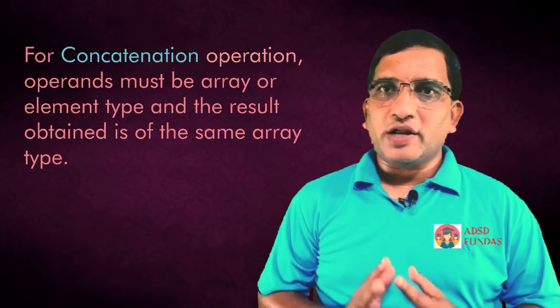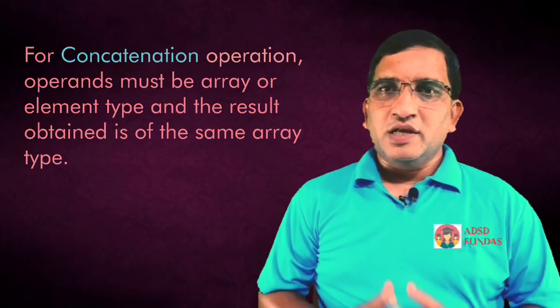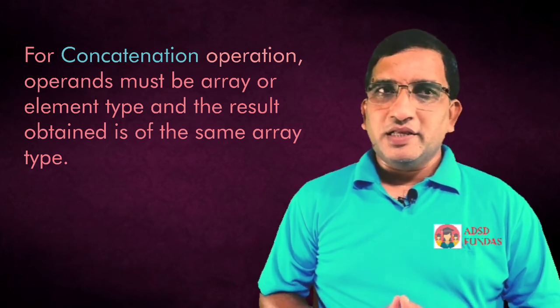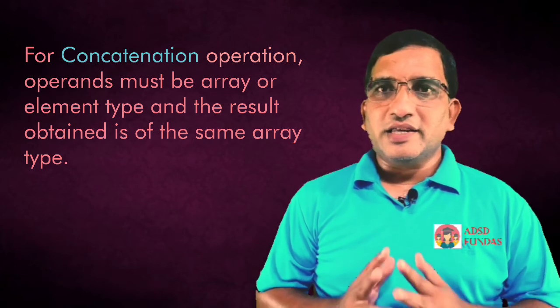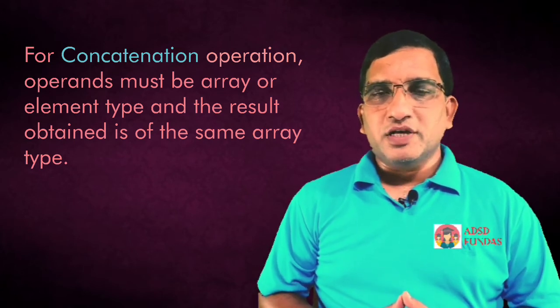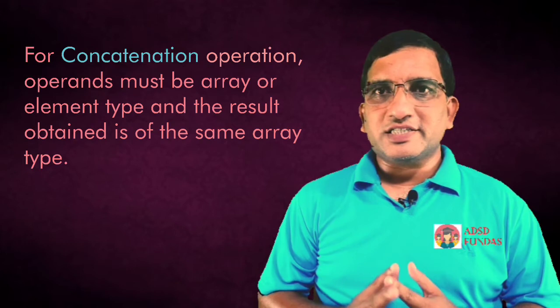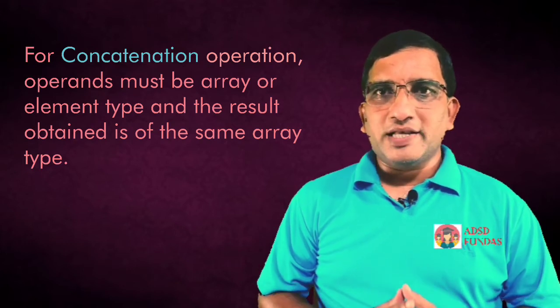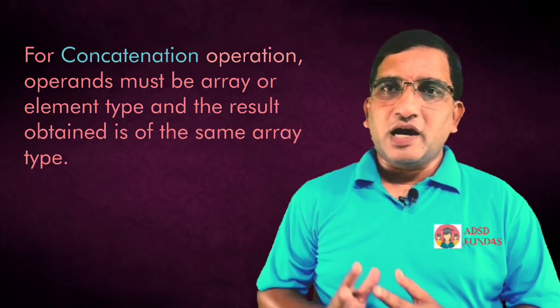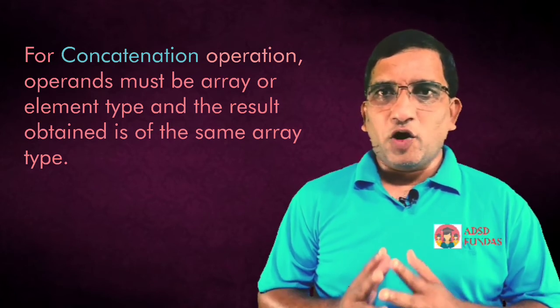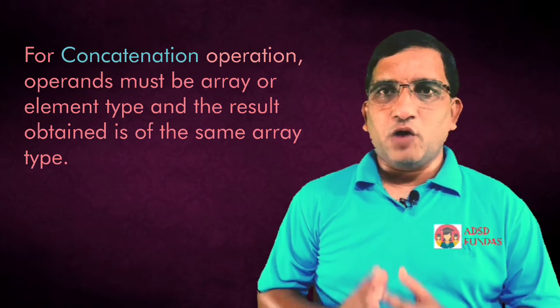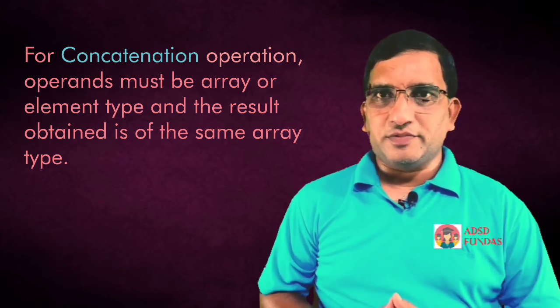Similarly, in concatenation operator, the operands must be the array type or element type, and the result that it will produce will also be of the same type. If your operand is array type, then the output will also be the array type, and if the operand is element type, the output will also be the element type.